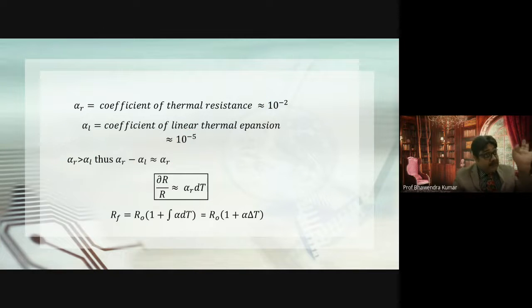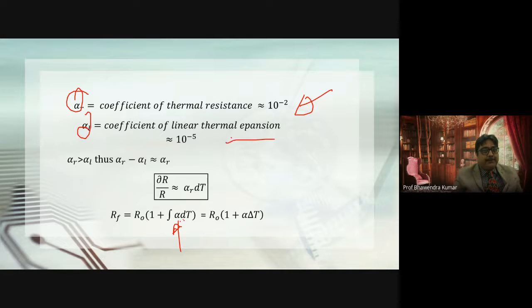But in a specific question, if they want it in terms of the symbolic values of alpha R and alpha L, then it will not be alpha, but alpha R minus alpha L. Do you understand the difference? Yes, sir. If the linear expansion is to be taken into consideration. Why is it not normally taken into consideration? That is what I have tried to show here.